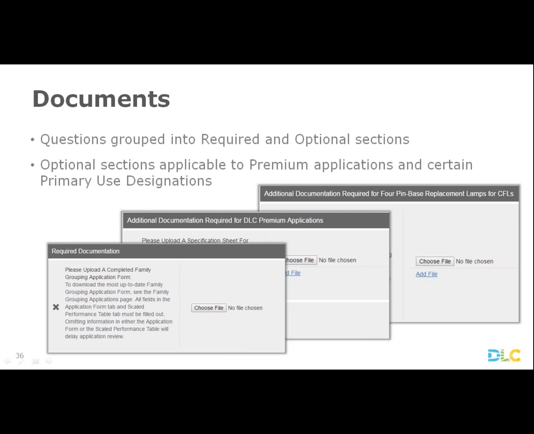Also, there are some documents that are specific to certain primary use designations. For example, CEPLEDs, if you've got any 4-pin-based products, you're going to need to submit compatibility testing, which is why that document would be optional.